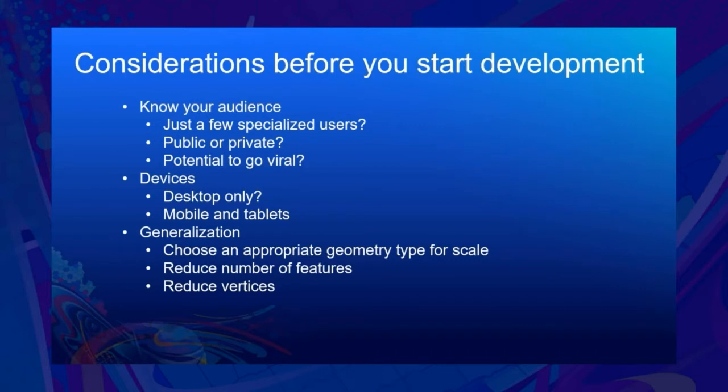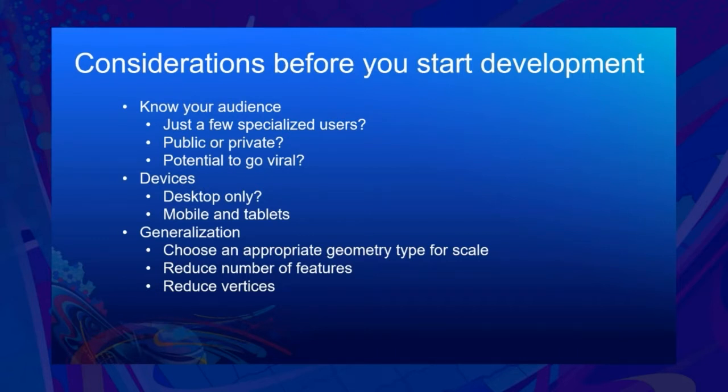Phones and tablets are great, but they don't have as much processing power as a desktop machine. So in a lot of cases, you will have less powerful machines consuming your map, especially for information that goes to the public. Now if you're building a map that you're going to share to interested parties who are going to view it for their work, they're usually going to be on a desktop and usually going to be fairly powerful.